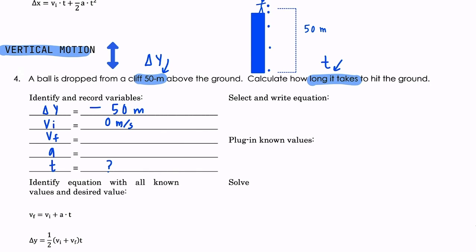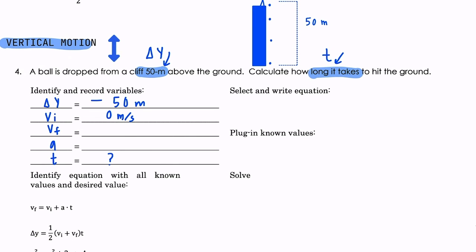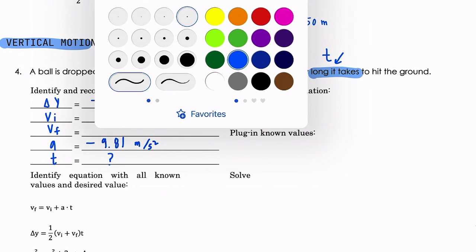We also should know that the acceleration is the acceleration due to gravity, and on planet Earth, that is approximately downward, so negative, 9.81 meters per second squared. And finally, the final velocity is not mentioned.